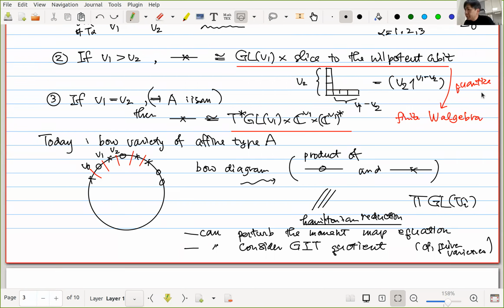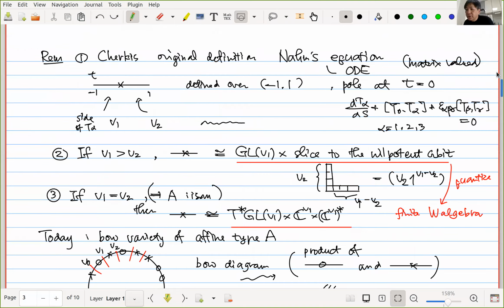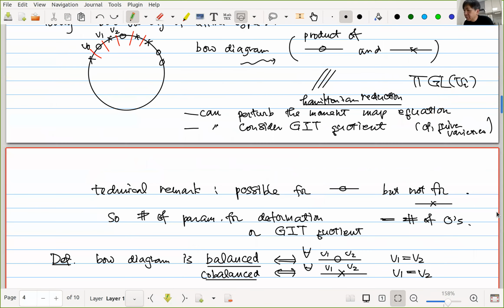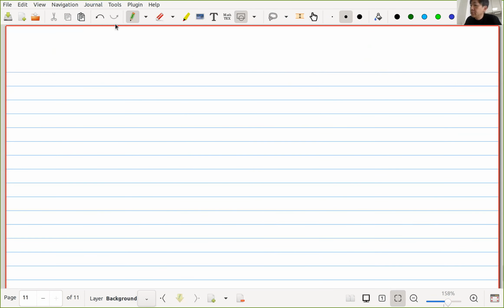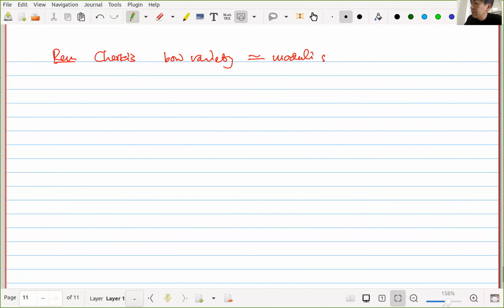Cherkis proved that Bow variety is a moduli space. So this is a kind of ADHM-type description.